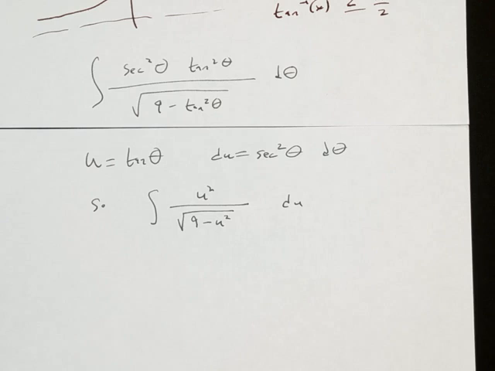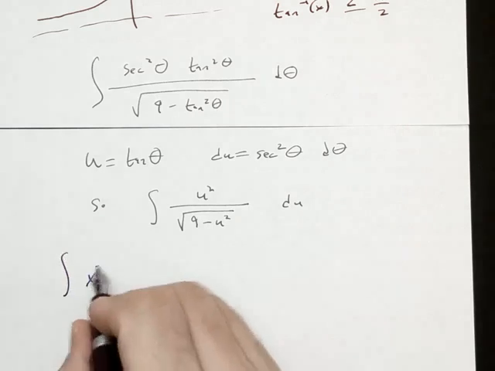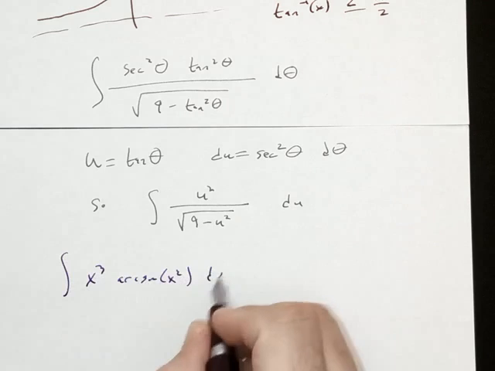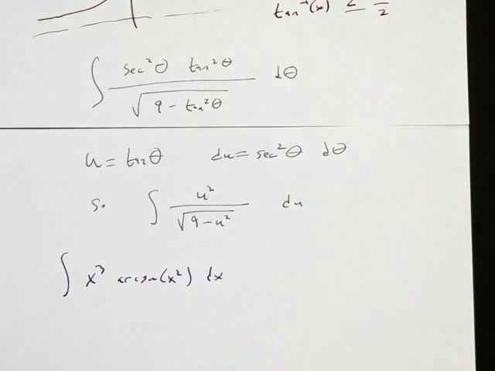X cubed arc sine x squared. Ew. X cubed arc sine x squared. Oh. My first reaction is it's arc sine of ugly stuff.